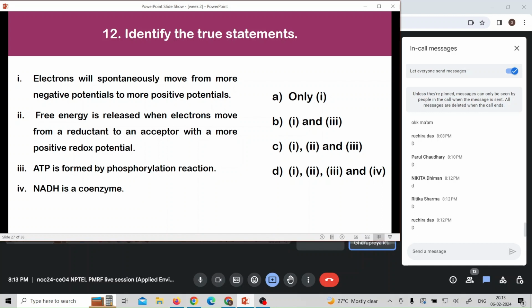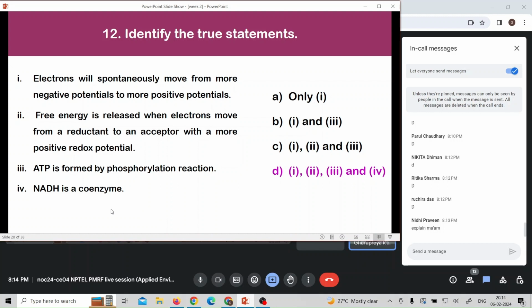So D is the right option as you have all answered. Let's start from the fourth, because it's easy this way. We all know NADH is a coenzyme and it usually shuttles hydrogen, and electron transfer occurs.